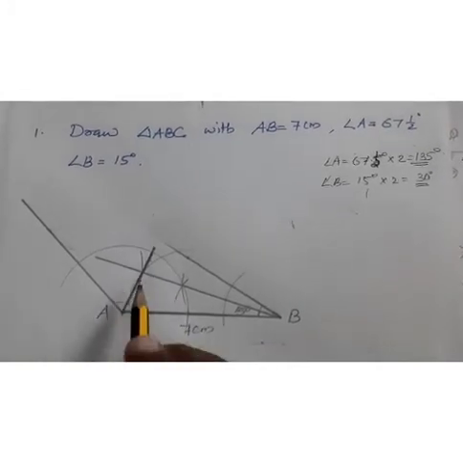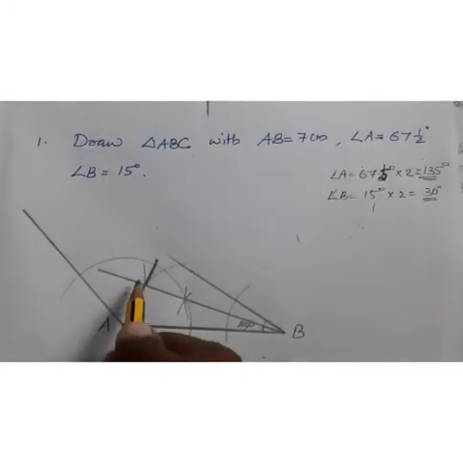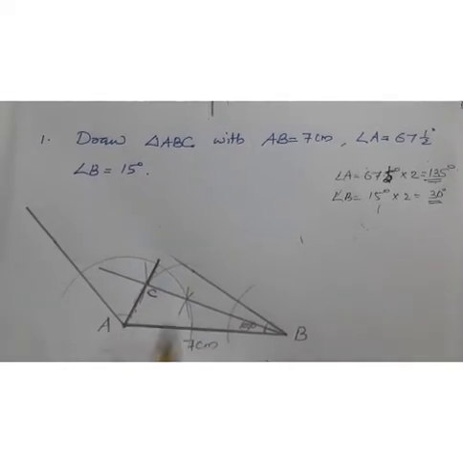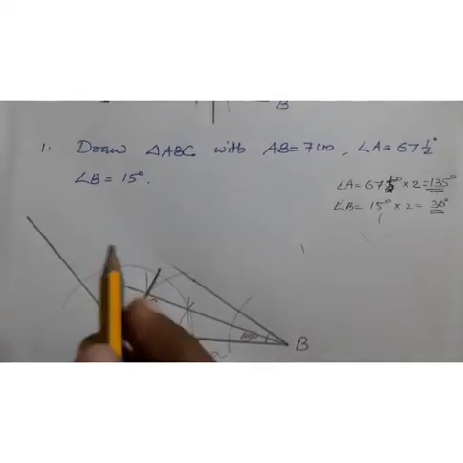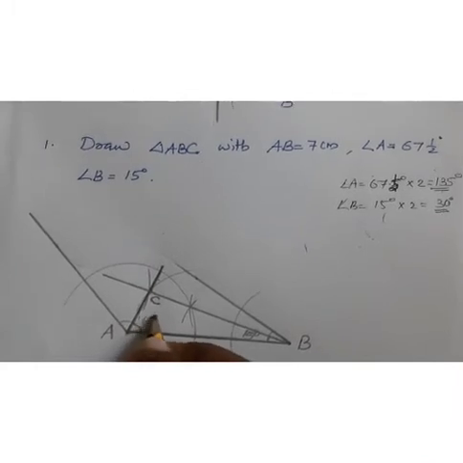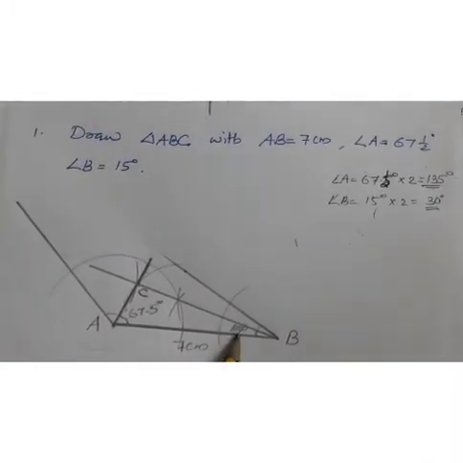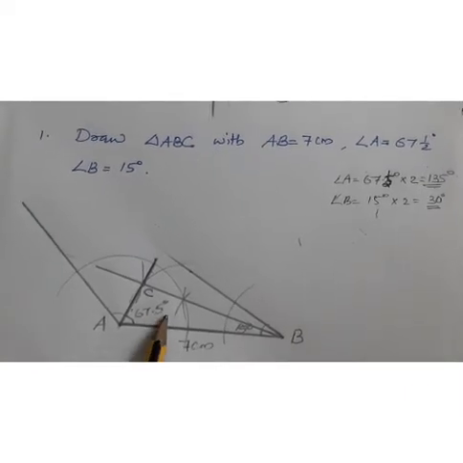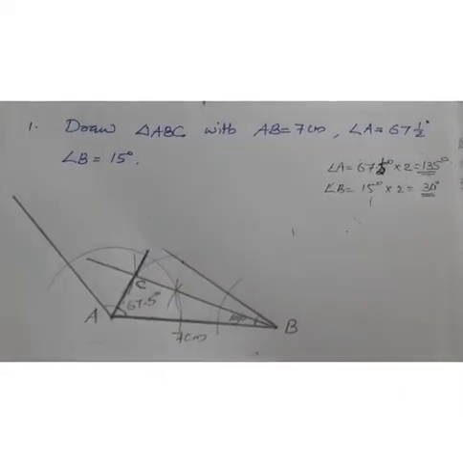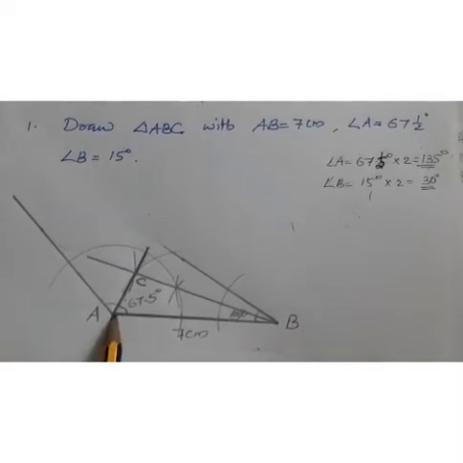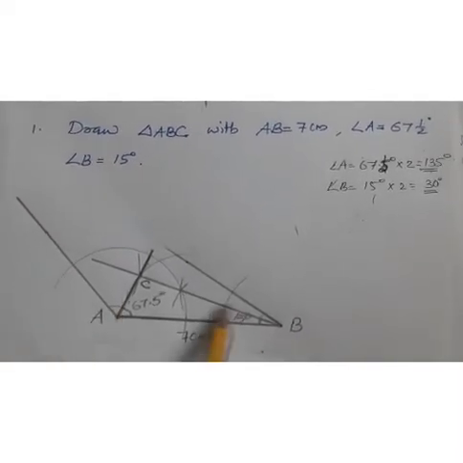So draw the line. So this point, keep it as C. So you got a triangle ABC. What about this angle? It is 67.5 degrees. This is 15 degrees. So this is the way you have to draw this one. So draw the angle bisector of B and the angle A also. Then complete the triangle.